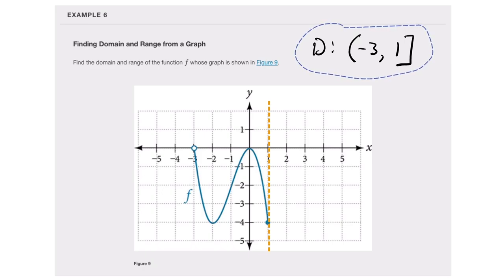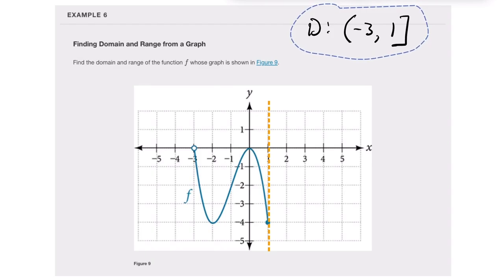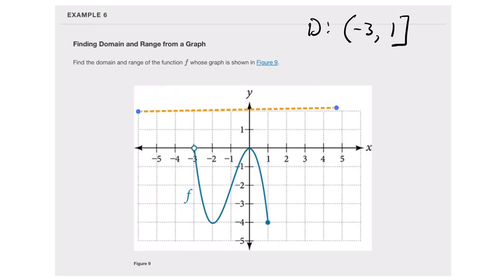Okay. So when we're trying to find the range, we ask ourselves, how far down does the graph go? The very bottom, the graph doesn't go below y equals -4. And the very top looks like it's y equals 0 because of the max there. So the very bottom looks like it's -4.